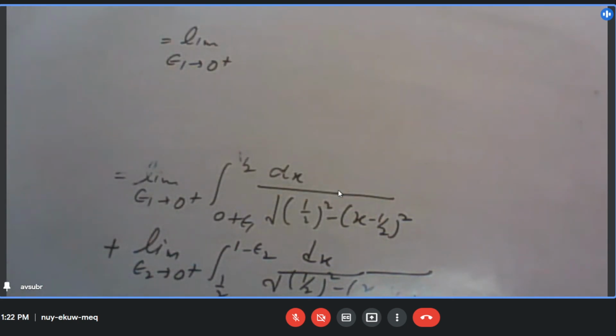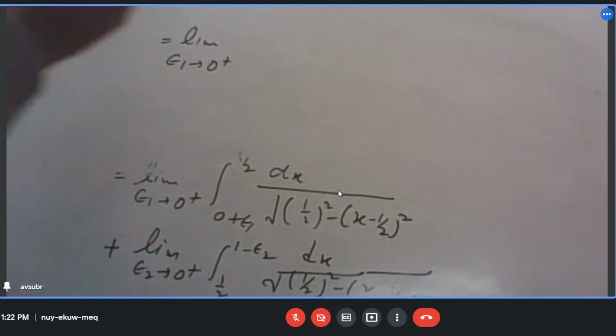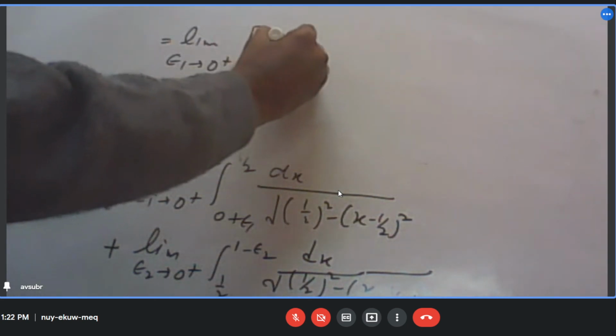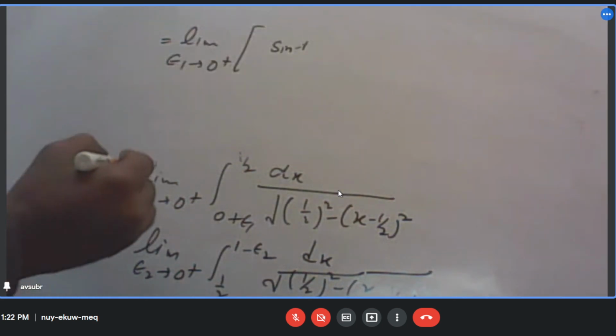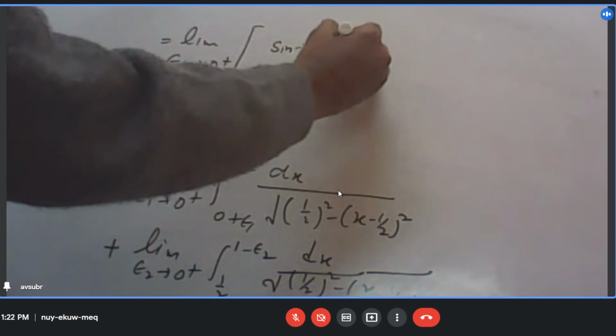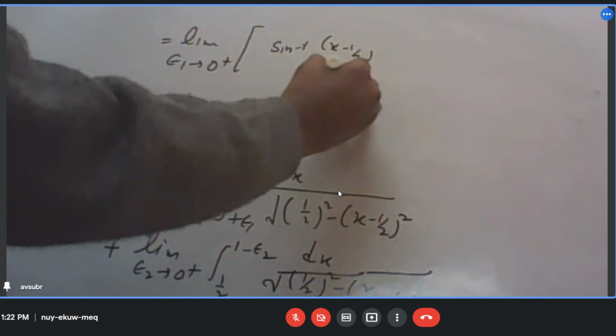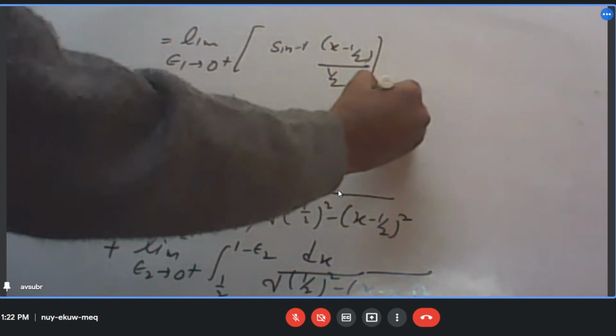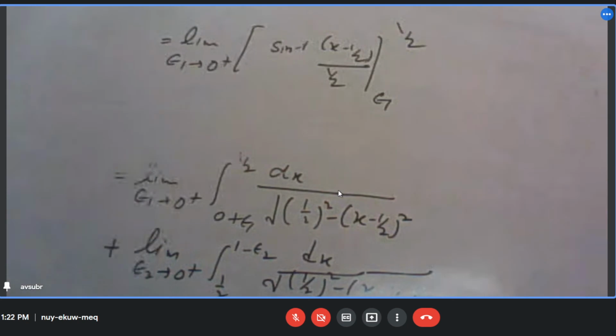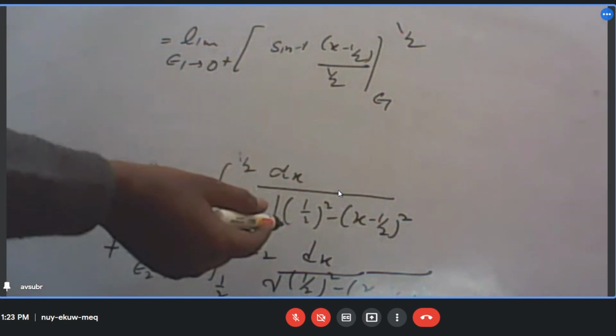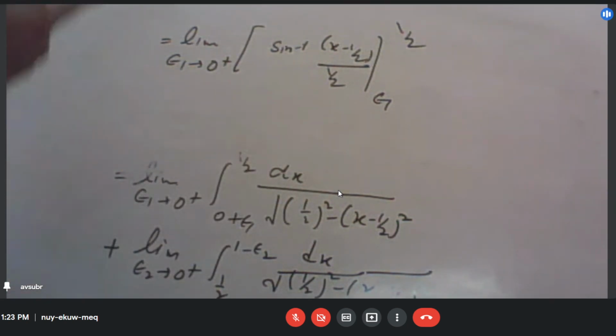If I integrate it, what will I get? Sine inverse of (x minus 1 by 2) by 1 by 2, from epsilon 1 to half. Is it okay? Integration of this is this only.